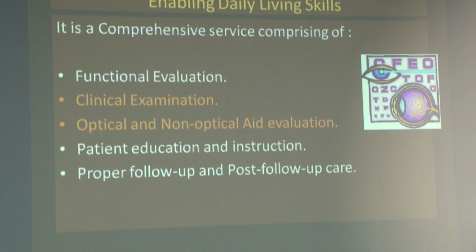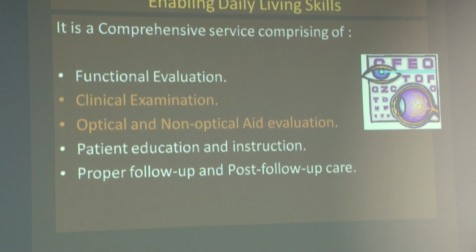And that is the reason we need to treat low vision as early as possible so that we can enable these people to become independent in life, to do their normal daily tasks easily, by subjecting them to a comprehensive evaluation called low vision rehabilitation, which consists of the following points: functional evaluation, clinical evaluation, optical and non-optical aid evaluation, patient education and instruction, and proper follow-up and post-follow-up care.